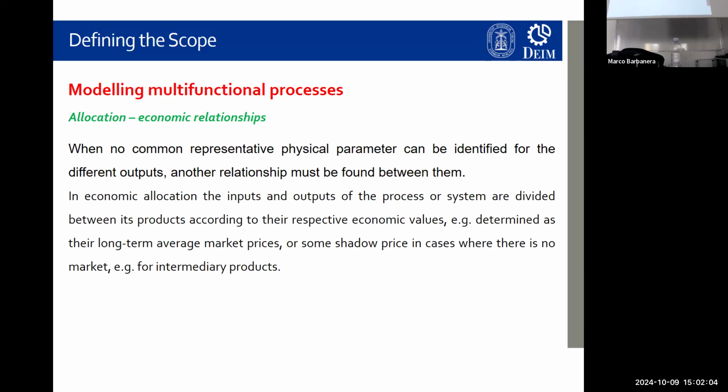And so the actual percentage that we have calculated by applying the actual economic values of the products, probably in the next year or in the future years the economic values could change, and so also the environmental impacts that we have calculated for our main product could change due to the different economic values of the products.